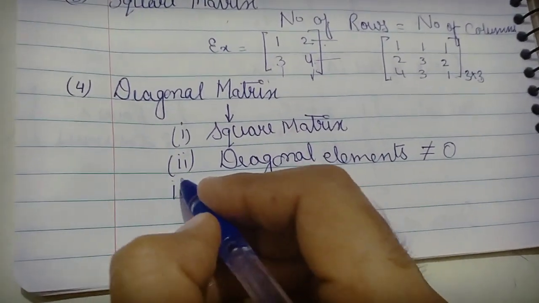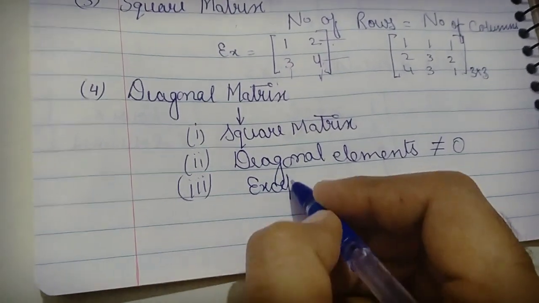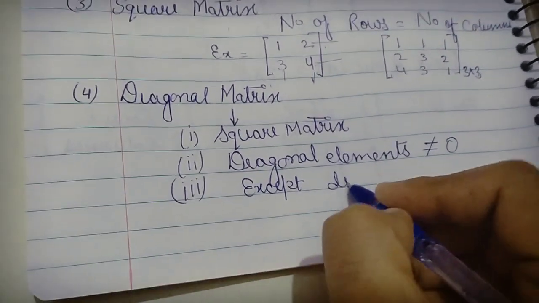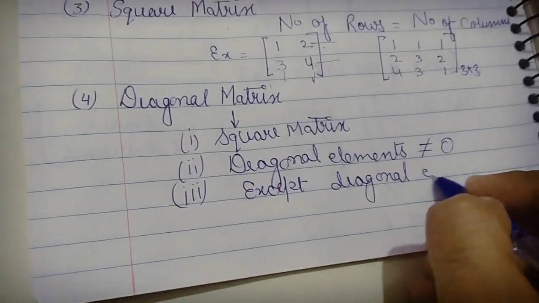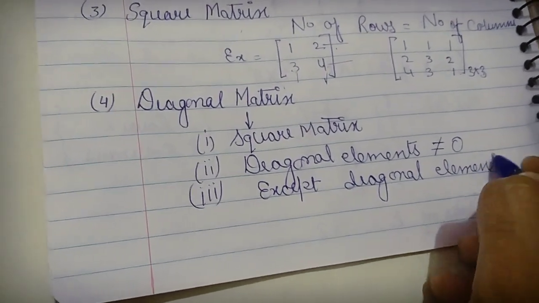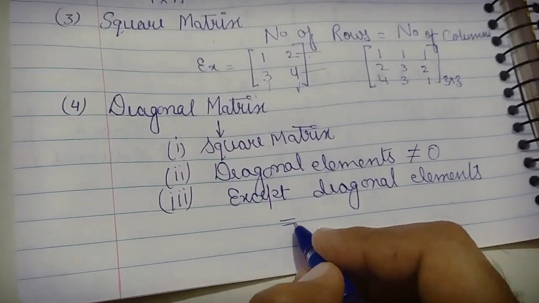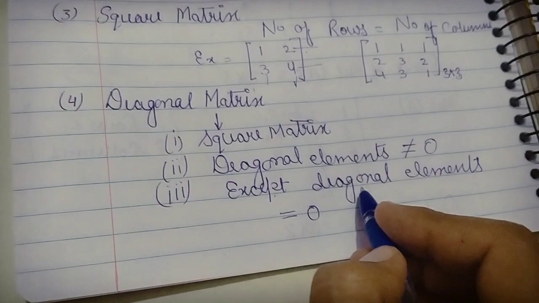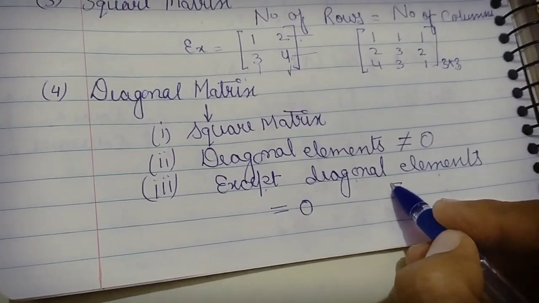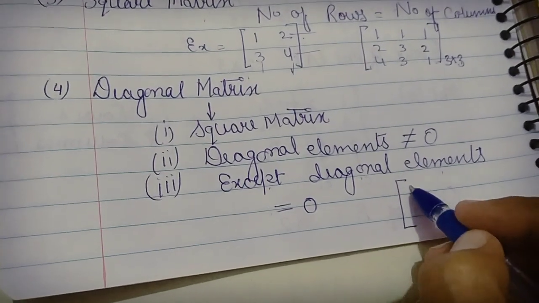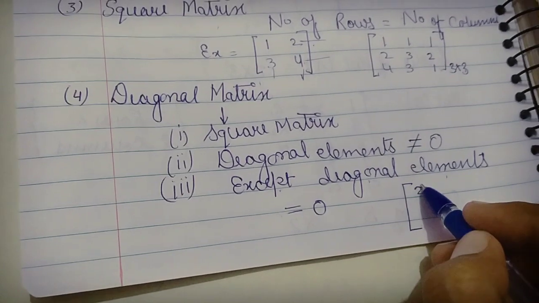Third, except diagonal elements, all elements must be equals to 0. The example of the diagonal matrix is 2 3 4.